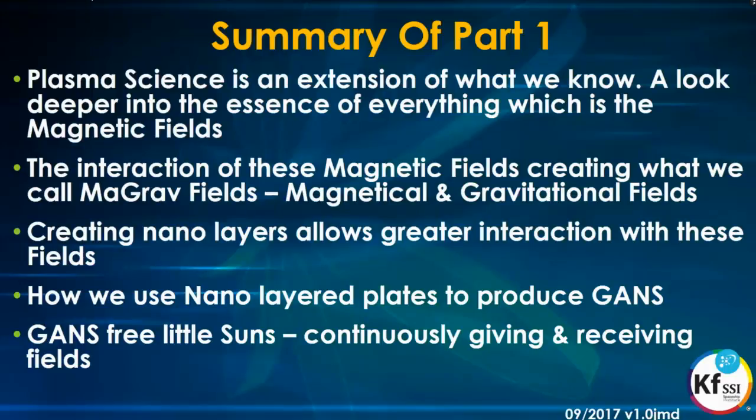From those, we can start creating and producing our different Gans materials. If you view the Gans as tiny little suns that are constantly giving and receiving fields, then it's the application and use of these Gans materials in health and agriculture, and you'll see how it all starts fitting together under the different portions of science.